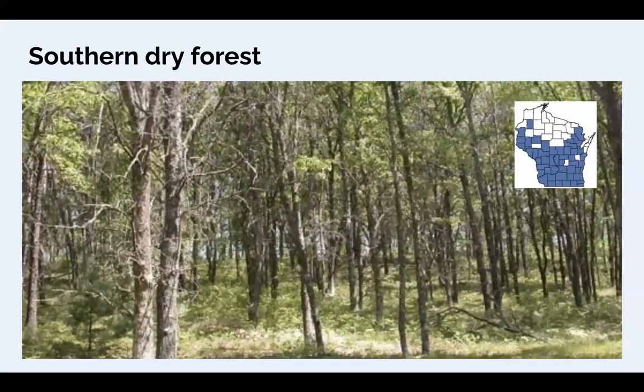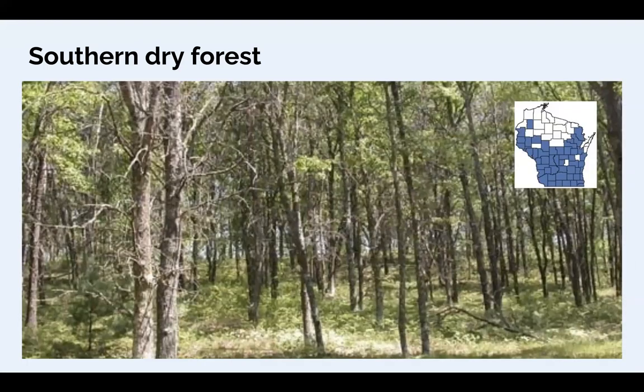So some of these forests, we'll just go through the forest habitats. We classify them already by light availability, and now moving on to soil conditions. So the southern dry forest, name pretty descriptive there. So basically dry soil in a terrestrial environment, but also with tree cover.